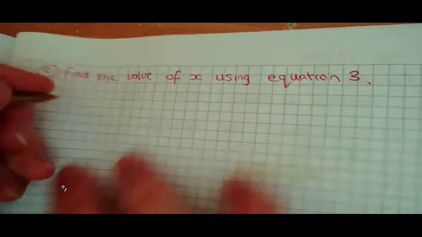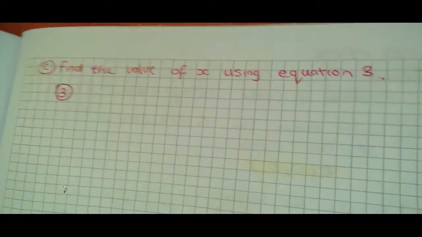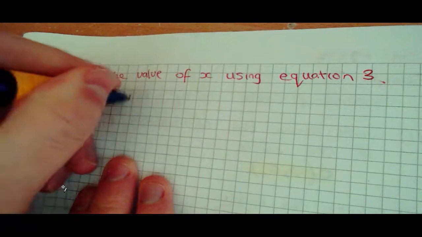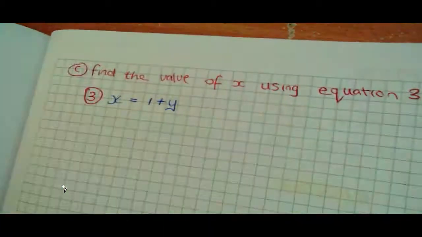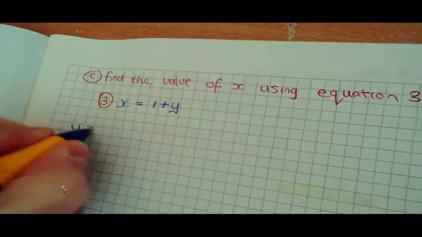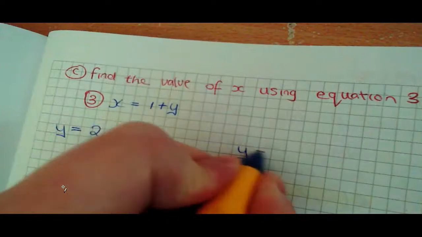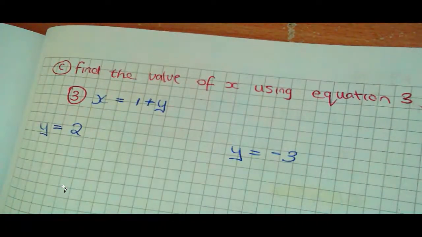Okay, so our equation 3 was, that's when we got x on its own. So we found that x was equal to 1 plus y. Okay, but now we know that y is equal to 2, and we know y is equal to minus 3. So we need to find the values for x for both of those.